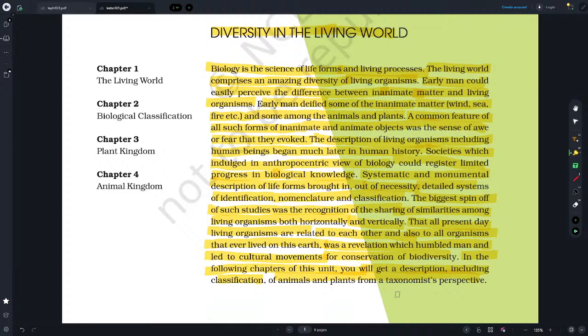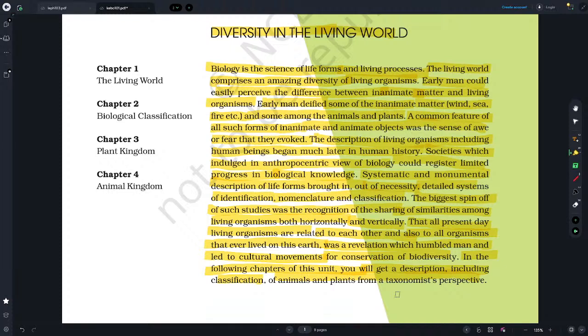Systematic and monumental description of life forms brought in, out of necessity, detailed systems of identification, nomenclature, and classification. That classification is the basis of taxonomy, which we are going to learn in this chapter.